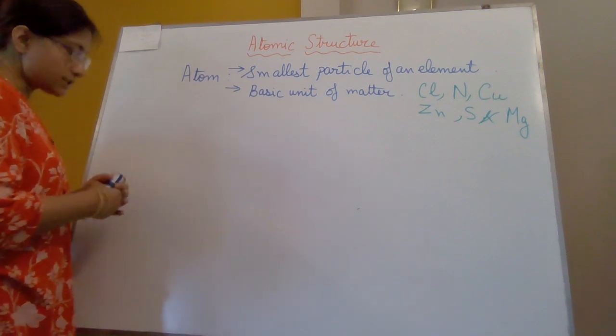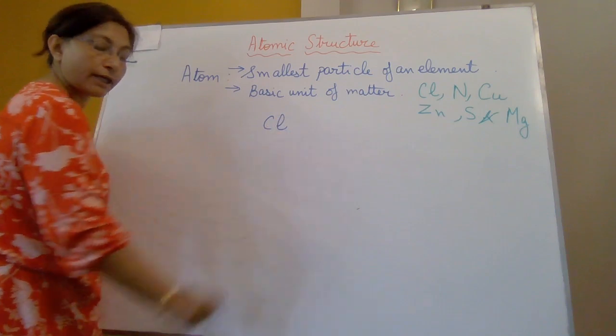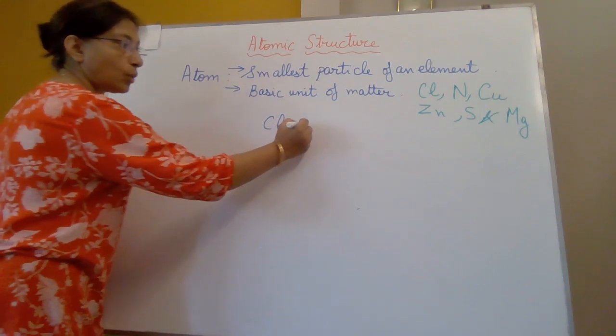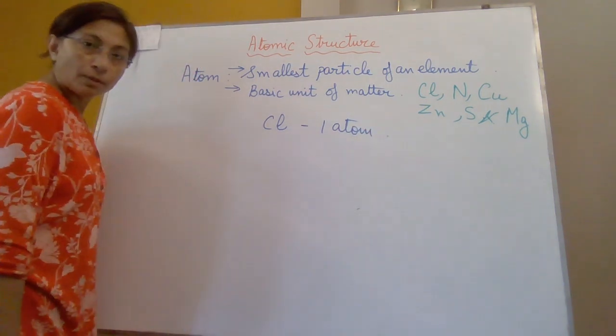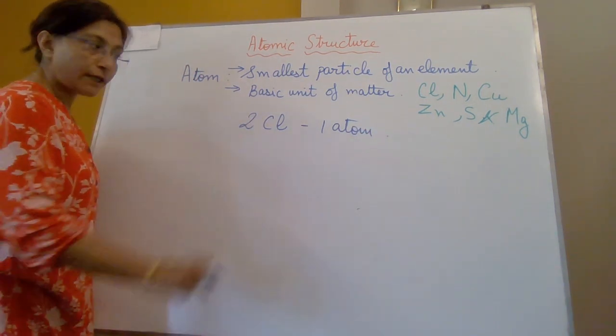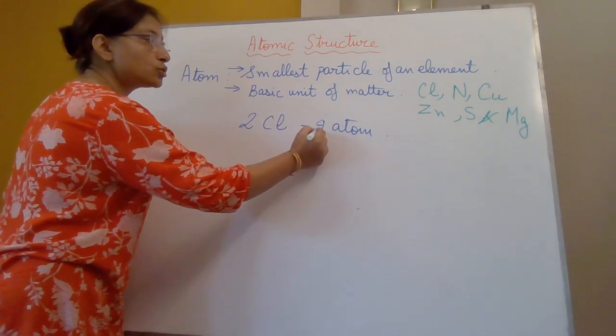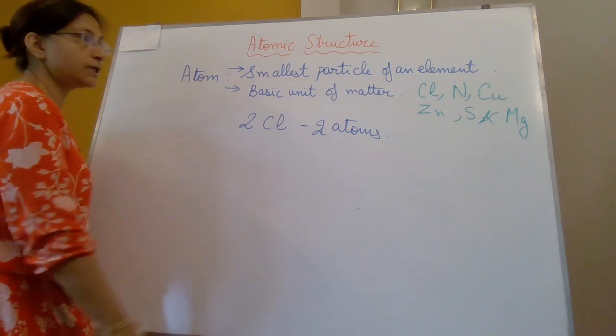So when I write Cl, it represents one atom. But if I write 2Cl, it means I am talking about two atoms of that element.